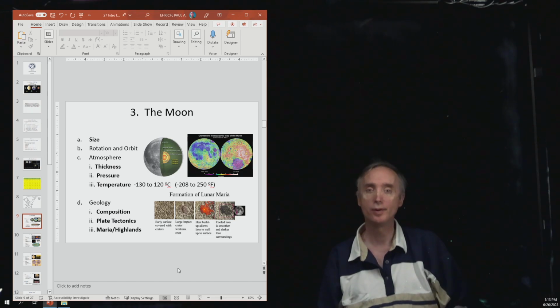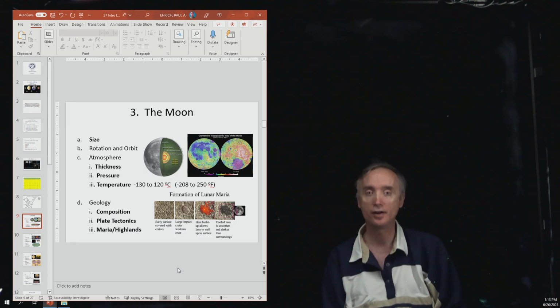Okay, now what about the temperature on the moon? Well, the temperature on the moon varies between negative 130 degrees Celsius up to positive 120 degrees Celsius. So that means that if you are on the day side of the moon, so the part of the moon that is getting sunlight, it is incredibly hot.